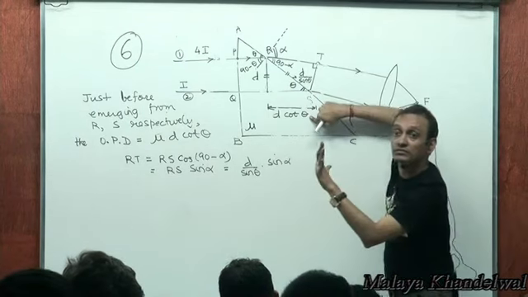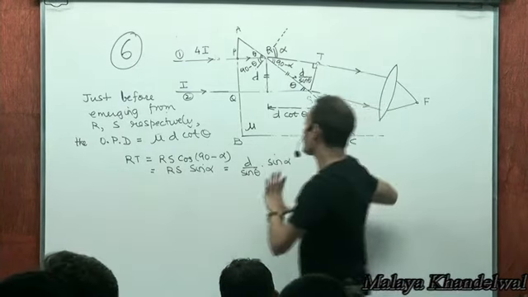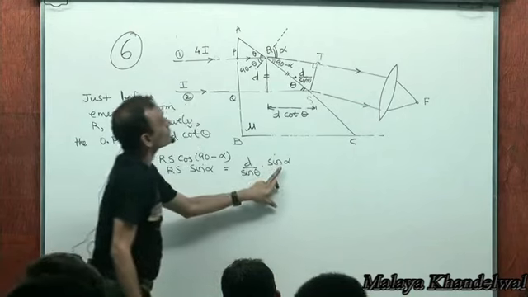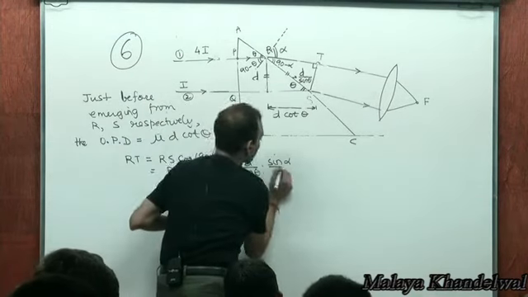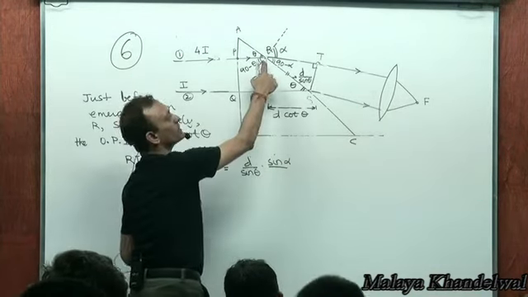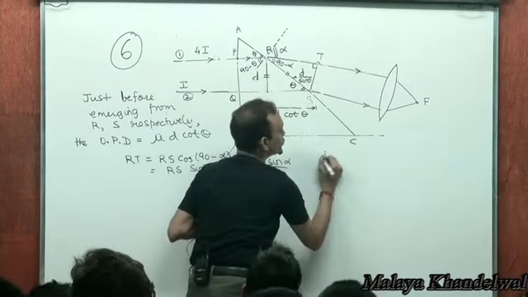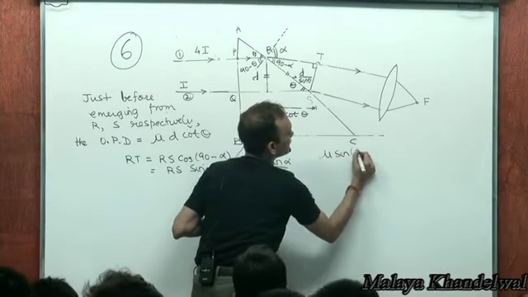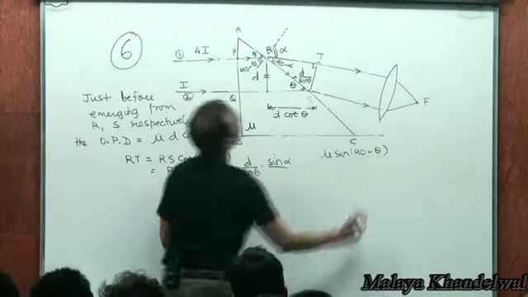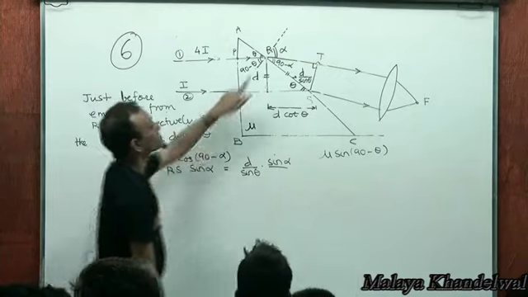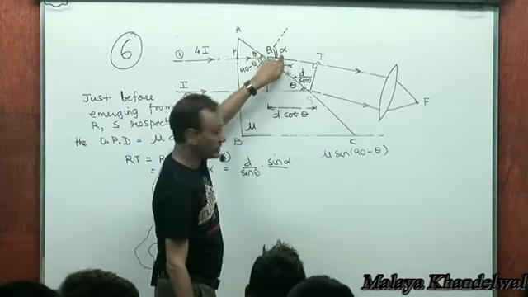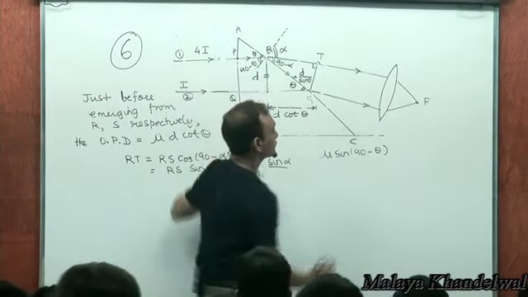Is that settled? Right? Now, when I apply Snell's law at this point, mu times sine(90 minus theta) is 1 into sine alpha, right?